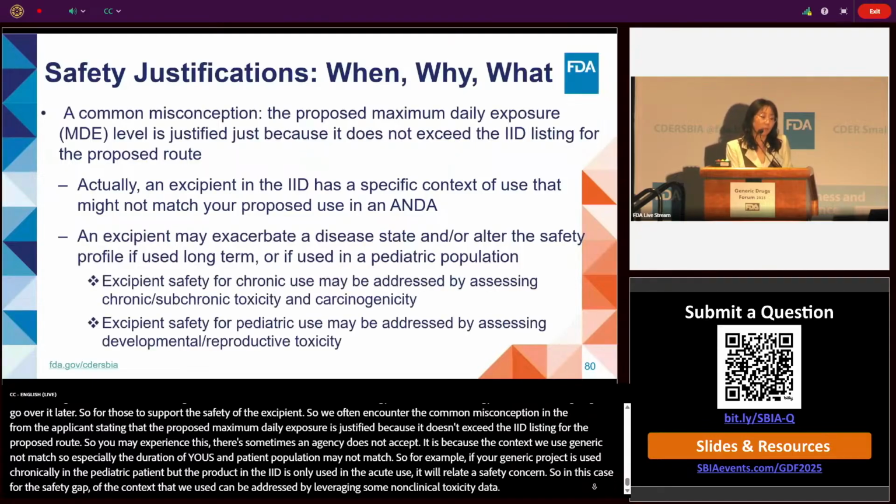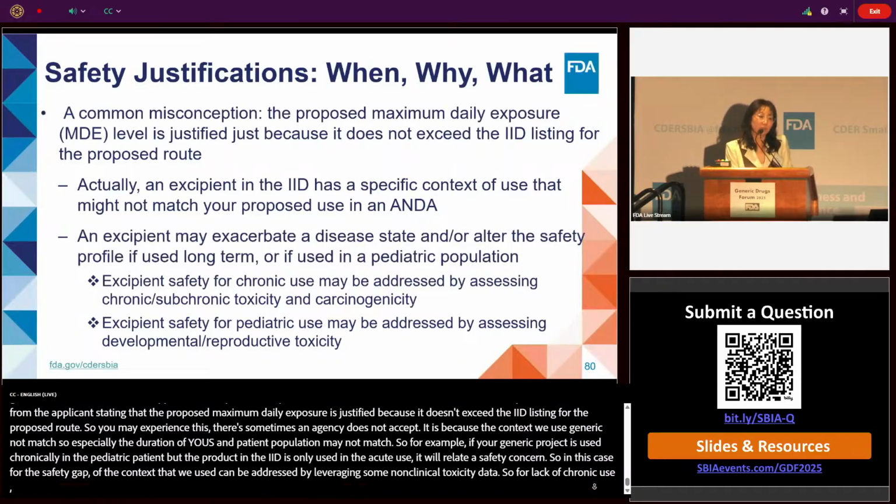For chronic use, you can leverage chronic and subchronic toxicity or carcinogenicity data. For pediatric use, we can leverage developmental and reproductive toxicity.